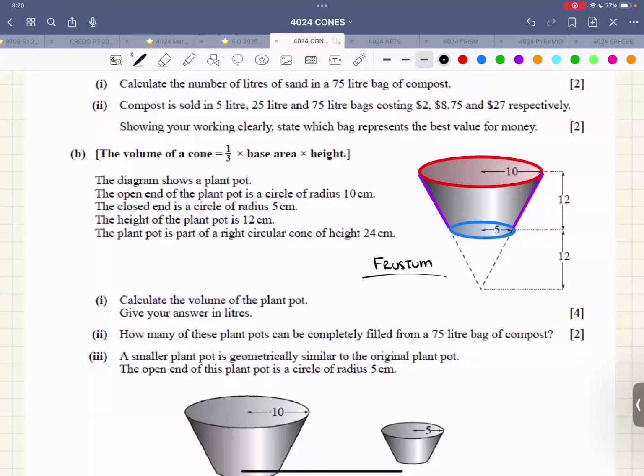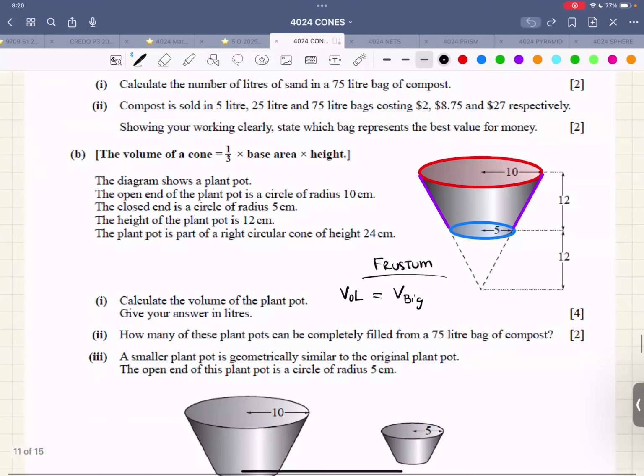Now, there is no separate formula for this. The volume of the frustum is the volume of the big cone minus the volume of the small cone which has been removed. Just subtract the two and you will find the volume of the frustum.